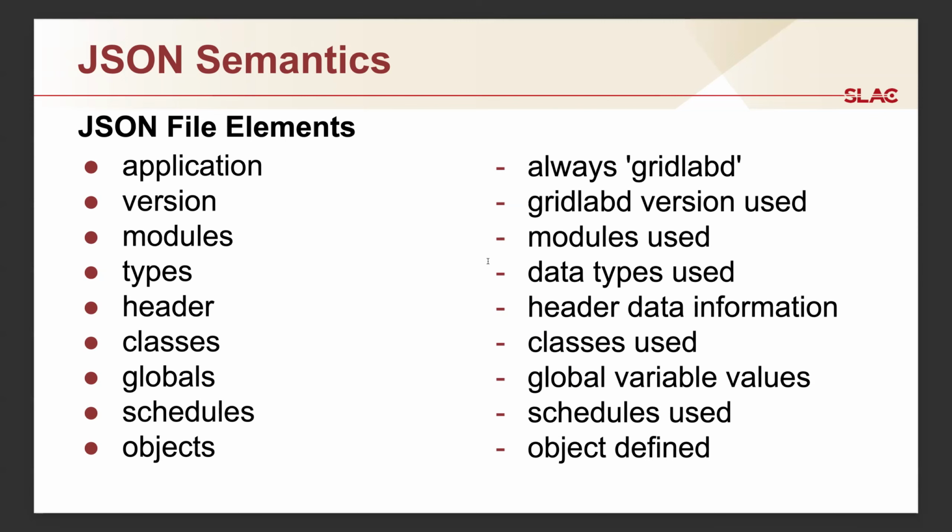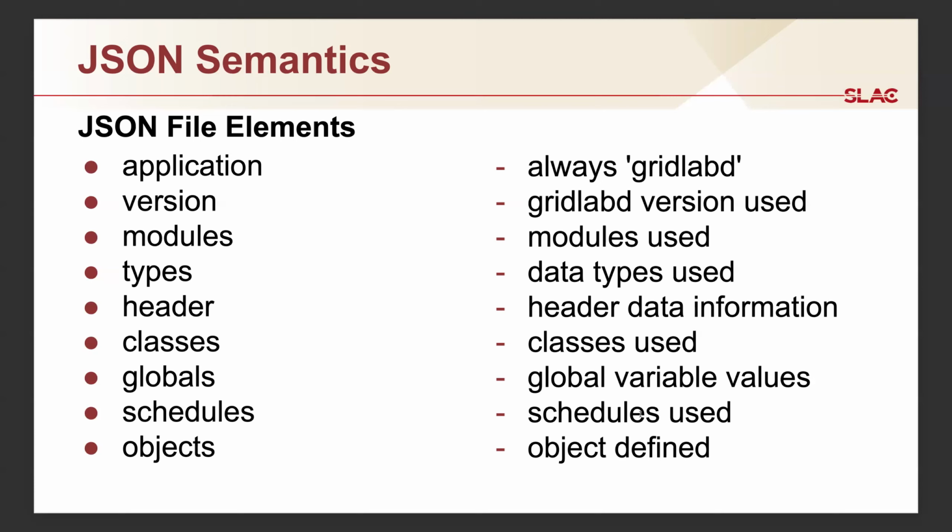And so it would be important to pay attention to the other information that's provided in the modules, data types, header, classes, and global variables to ensure that the older version is modified or updated correctly to guarantee that the values correspond to what's expected for the current version.